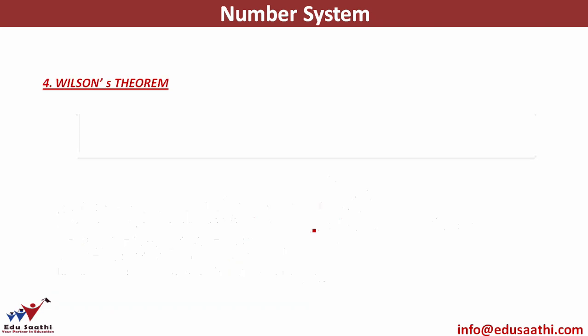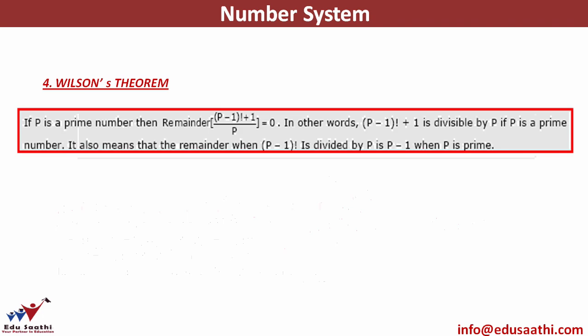Let's look at the fourth theorem. The fourth one is Wilson's theorem. Wilson's theorem says if p is a prime number, then the remainder of p minus 1 factorial with p would come out to be minus 1. So that means if I do plus 1, it will give me 0.